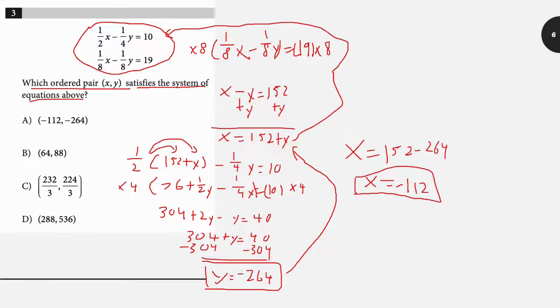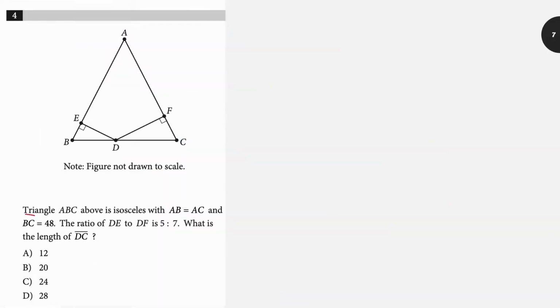So it can be written as (negative 112, negative 264). And that gives us answer choice A. That's your answer.